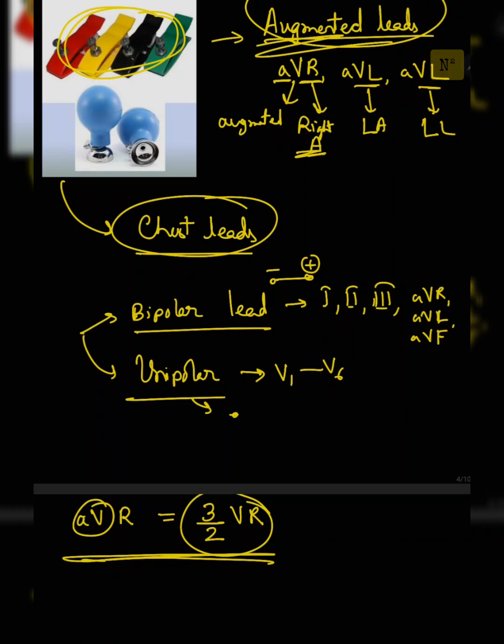Later on, Goldberger was the person who developed some mechanics and manipulation in the instrument, and he came to an instrument which gave the potential with a 3 by 2 times amplification.